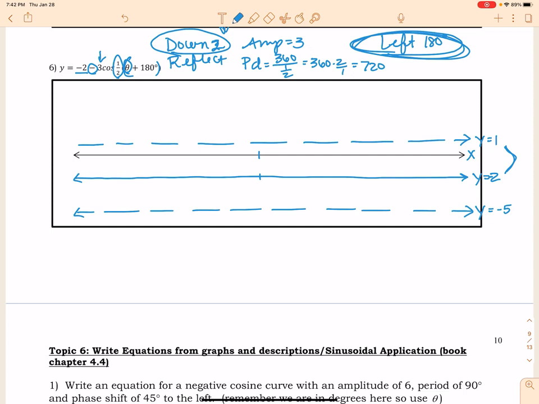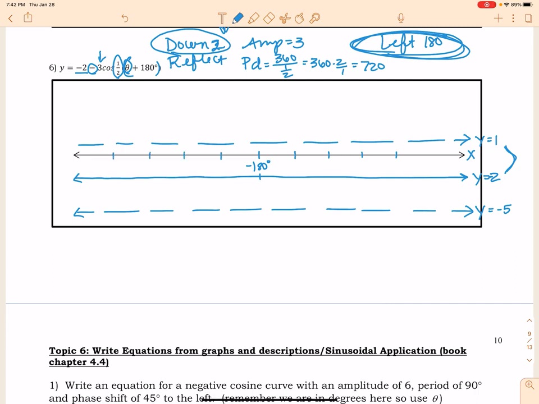So I am going to put -180 right at that center mark there. So -180 is going to be right there. And then to the right of -180, I am going to write 4 marks, equally spaced, and on the left, I'll do the exact same thing. So I'm going to have 1, 2, 3, 4, 1, 2, 3, 4.